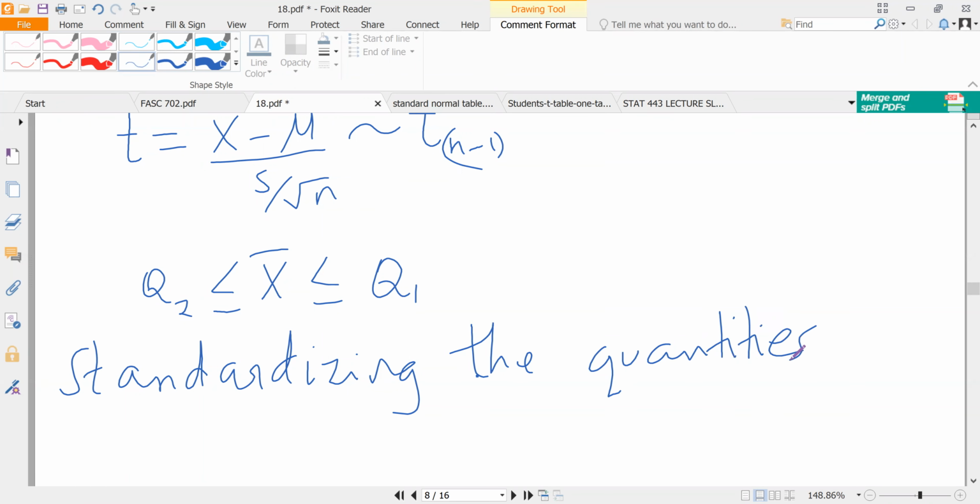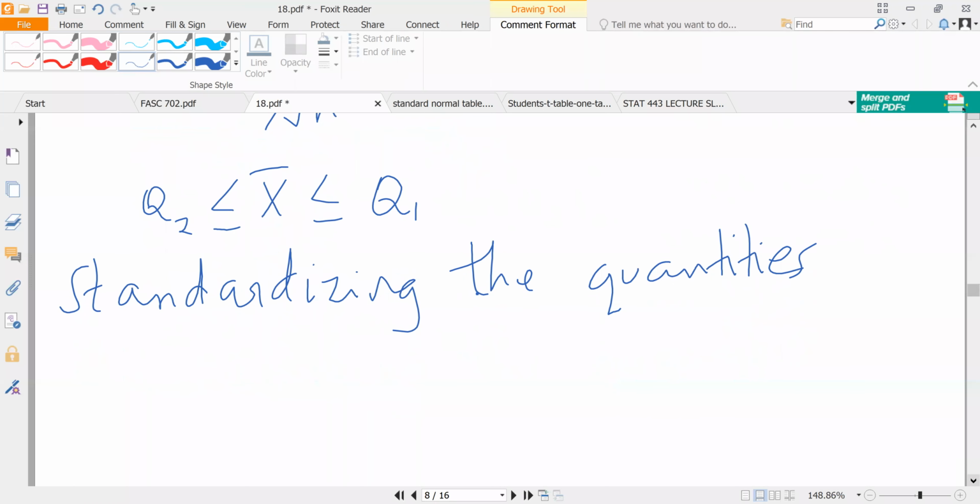Because X bar has a normal distribution with mean mu and variance sigma squared over n, it means that these quantities Q1 and Q2 within which X bar lies are also normal.